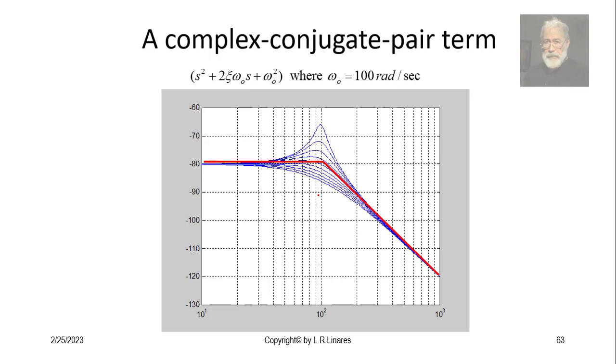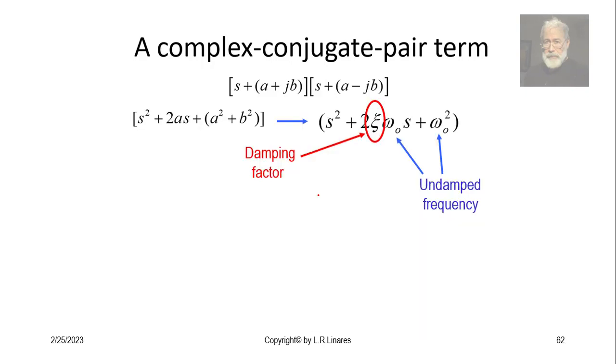Let's go back to the complex plane. In here, we see that omega naught is the square root of a squared plus b squared, equating those two trinomials. And of course, doing the same, we say psi omega naught has to be equal to a.